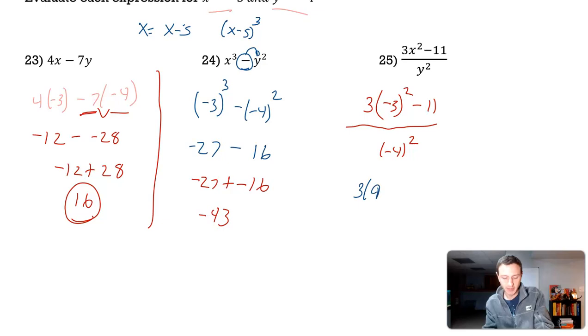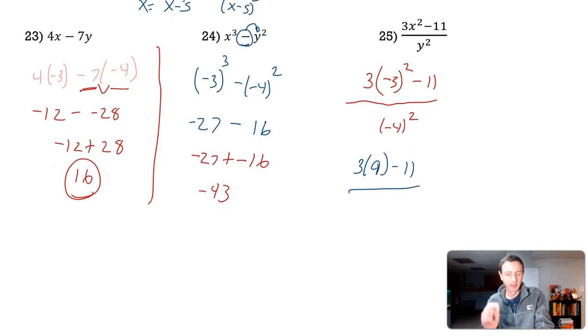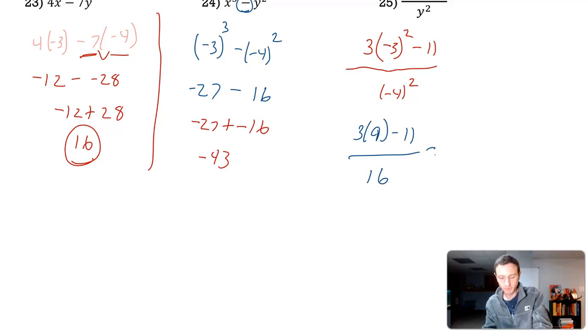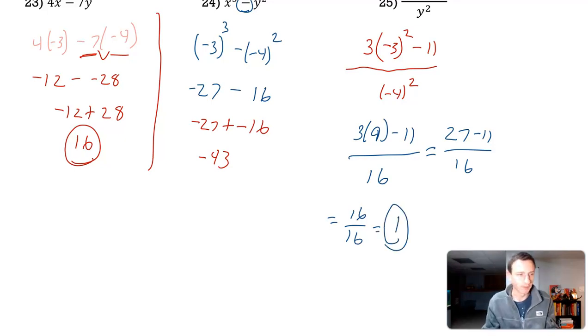That's going to be 3 times 9 minus 11 over negative 4 squared. Negative 4 times negative 4 is positive 16. 3 times 9 is 27 minus 11 over 16. 27 minus 11 is 16 over 16. 16 over 16 is 1.